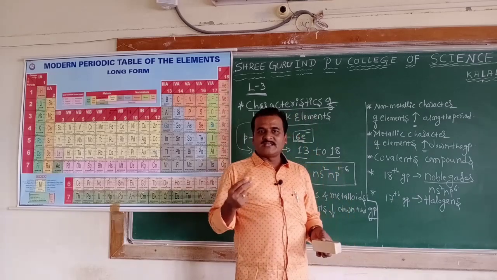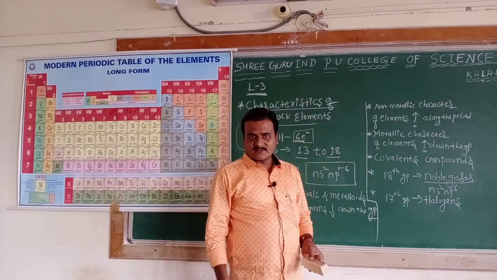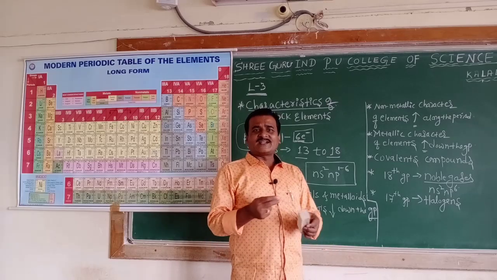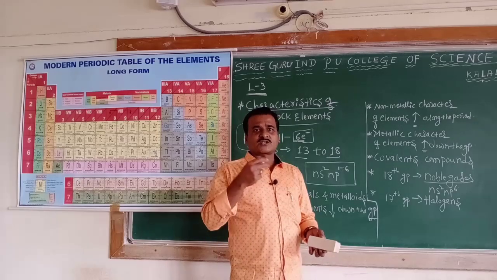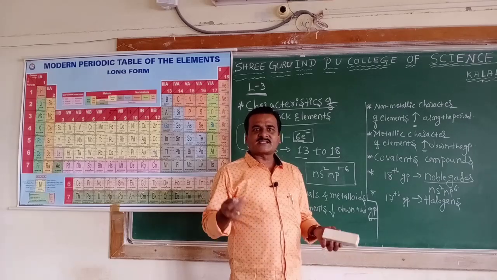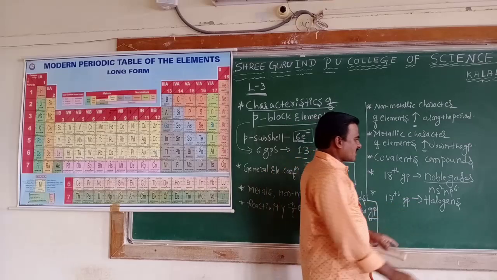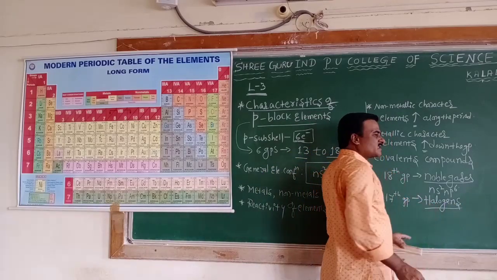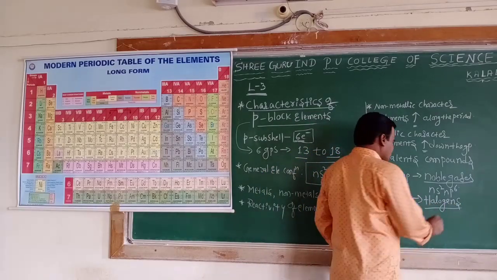The main source of these elements is seawater, as seawater is salty in taste and contains most of the fluorides, chlorides, iodides, bromides, etc. Thus, these are called halogens.